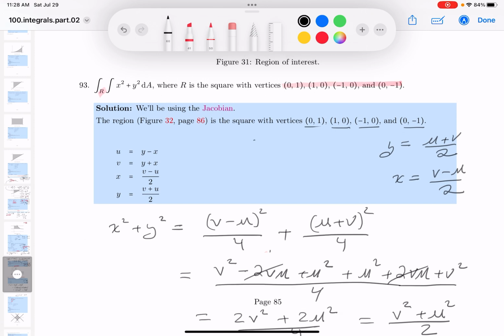And so if I looked at it, I got to be careful about this too. Let's write that down again. So u is y minus x, and the v was y plus x. And we're looking at the u's now, right?